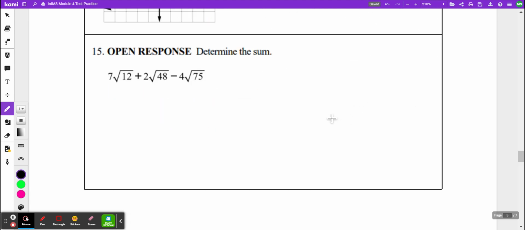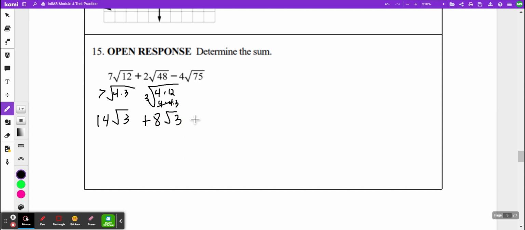So I actually like this one. This one's kind of cool. So if I simplify this, I'm going to see that, hey, this is 4 times 3. So that's actually 2. So then this becomes 14 radical 3 right here. So we pull out a 2. And this one would be 4 times 12, which is 4 times 4 times 3. And so this is like 2 right here. So then if I pull out a 4, this is going to be plus 8 radical 3.